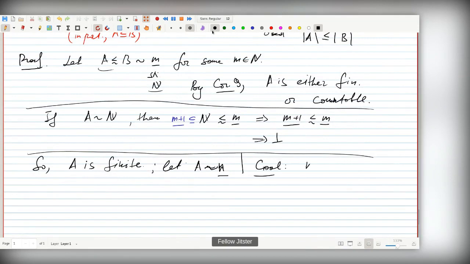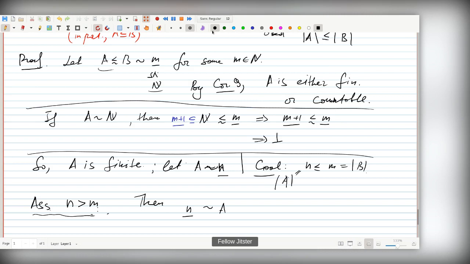My goal now is to prove that the cardinality of A is less or equal than M, the cardinality of B. For the sake of contradiction, suppose that N is greater than M. What do we have then? A, which is equivalent to N underlined, is embeddable into B, which is equivalent to M underlined.